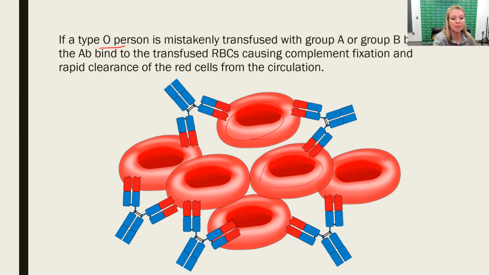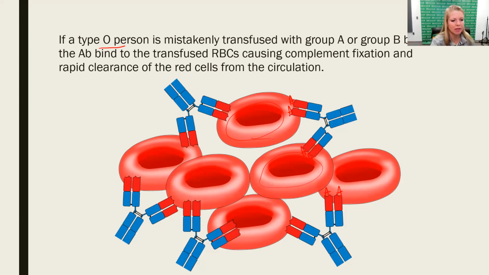Let's say there's A, and those antibodies are going to recognize the A antigens on the red blood cells and join together, and we'll have what we call agglutination.